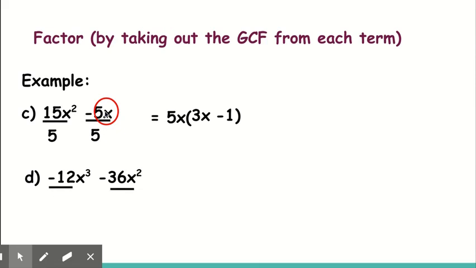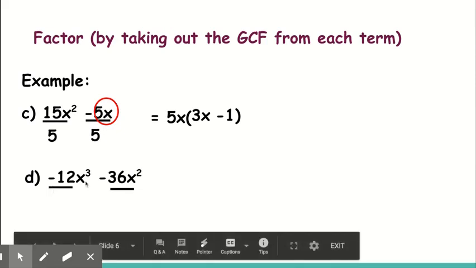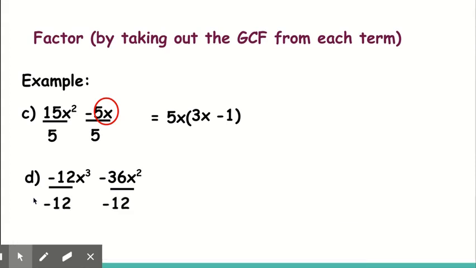Okay, the next one, both of these can be divided. So if they're both negative numbers, we want to divide them by a negative. Our greatest common factor here is negative 12. So now we need to look at the variables, and our lowest common one is x squared. So we're going to be pulling out negative 12x squared.